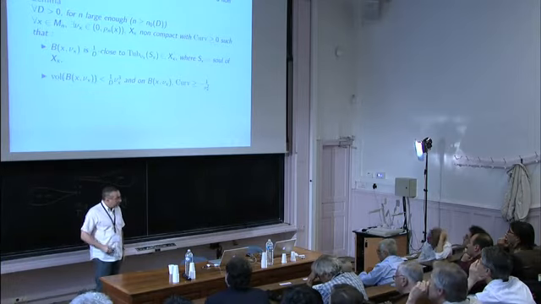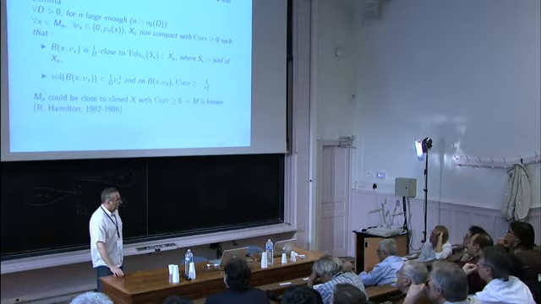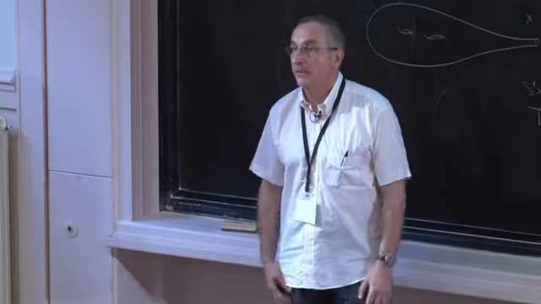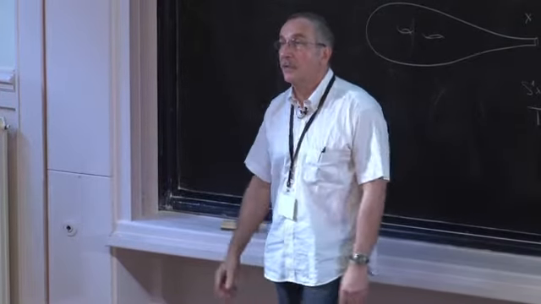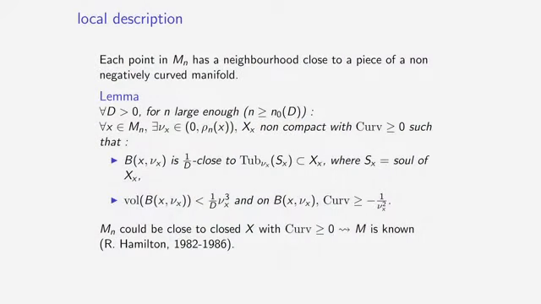There is one case which I forgot. It's the case when the whole manifold is close to a non-negatively curved manifold. But this was explained this morning already by Bruce. First of all, this closeness implies that M will be diffeomorphic to a non-negatively curved closed, compact manifold.